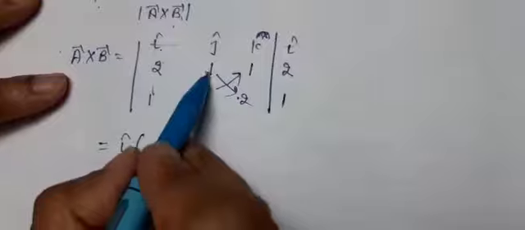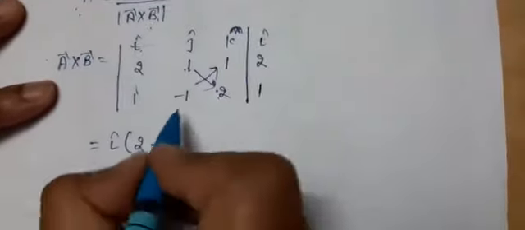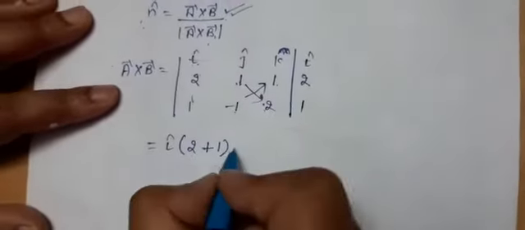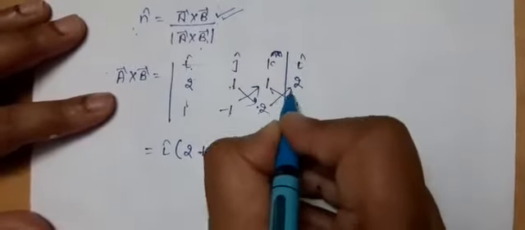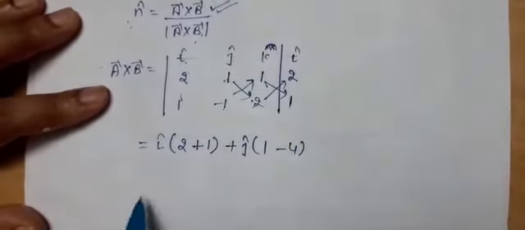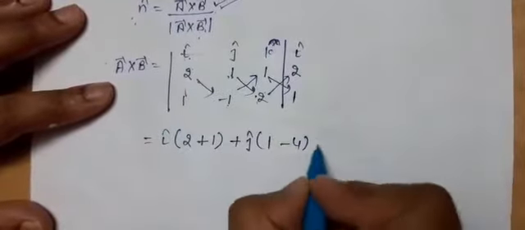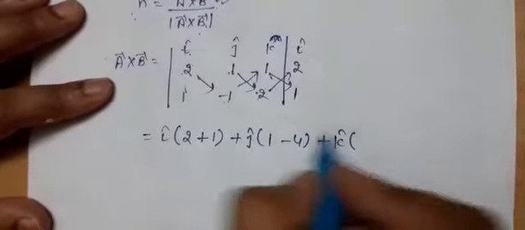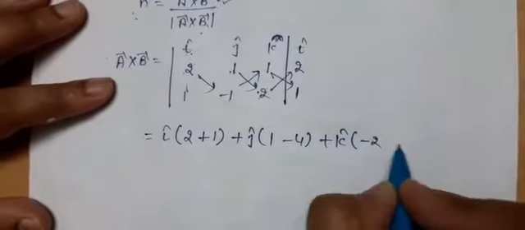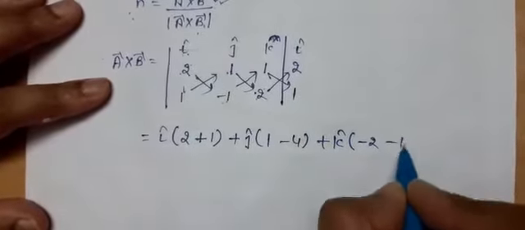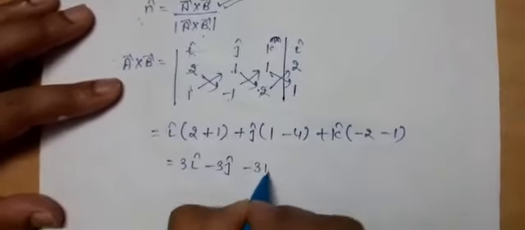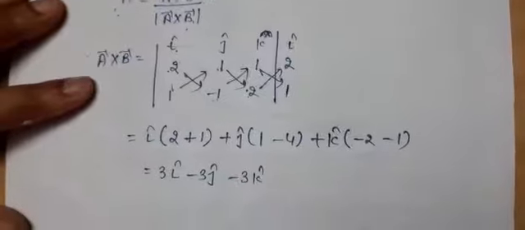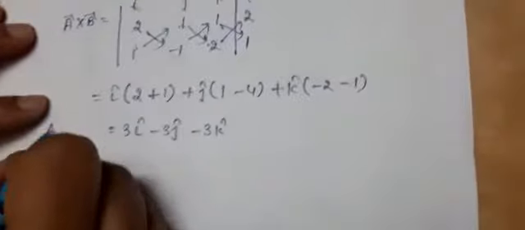For the I coefficient, 1 into 2, minus, then minus 1 into 1, minus 1, minus, minus, plus, then 1. Similarly, the J coefficient will be 1, minus 2 into 2, 4. For the K coefficient, this is plus K, 2 into minus 1, minus 2, then minus 1 into 1, 1. So it is 3I minus 3J minus 3K. Right? This A cross B comes out to be this one.